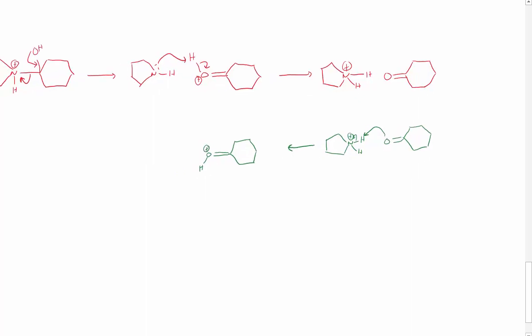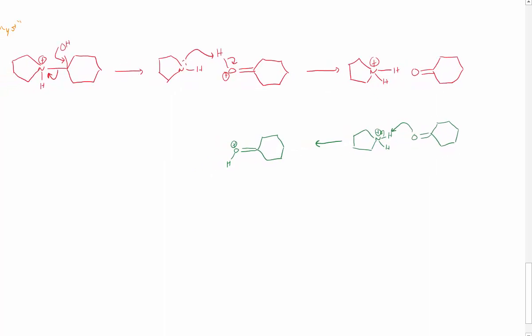That proton transfer serves two purposes. It makes the carbonyl more electrophilic, and it makes the nitrogen a valid nucleophile, because now the nitrogen has a lone pair. That nitrogen can then attack the carbonyl carbon.